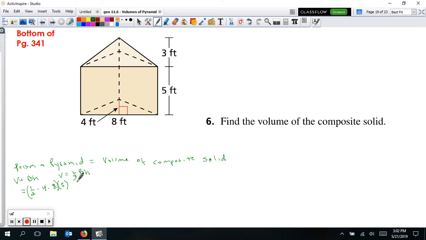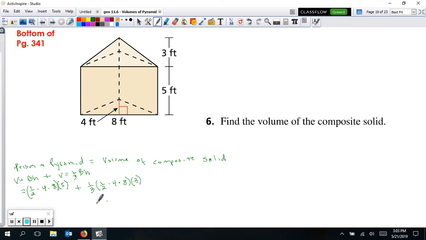Then we're going to add these two volumes together. We're going to add that to the one for the pyramid on top, which also has the same base area. So that's going to be 1/3 times the same base area of 1/2 times 4 times 8, times the height of this one, which is 3 for the pyramid.